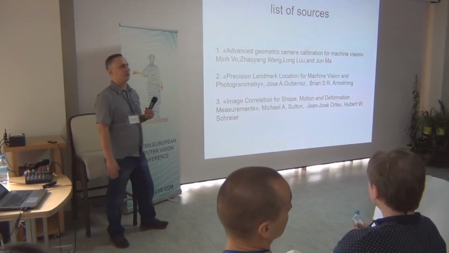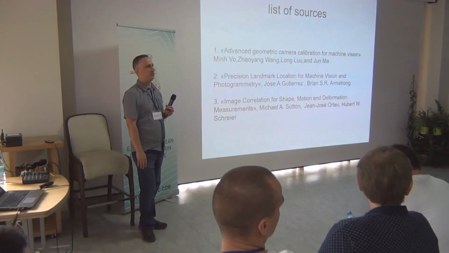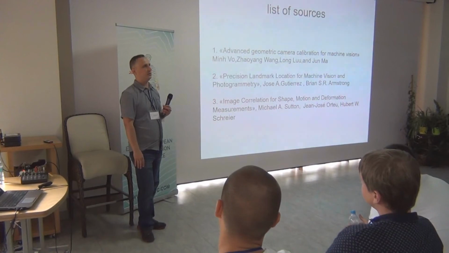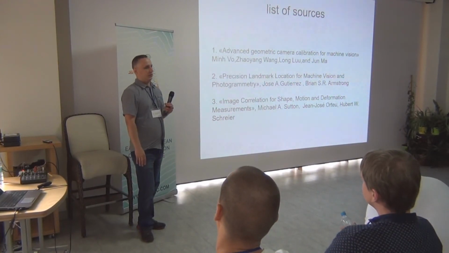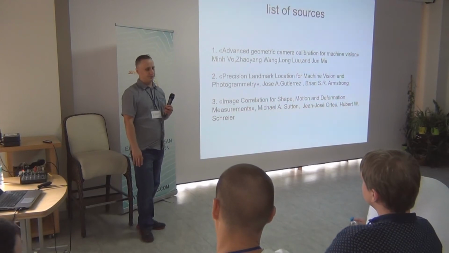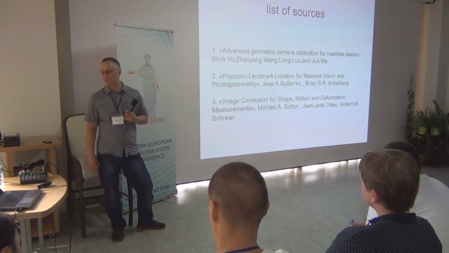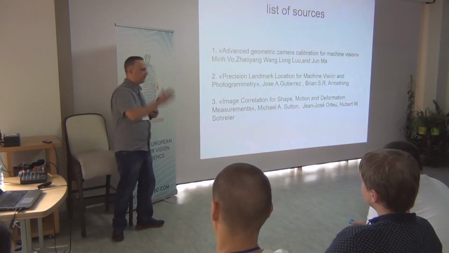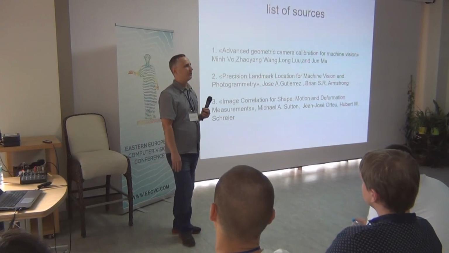Can you describe more details about the difference between cylindrical coordinate system and Cartesian coordinate system of the camera according to accuracy of the camera calibration? I mean, for example, for huge radial distortion, a spherical coordinate system is more suitable. Yes, spherical coordinate system.